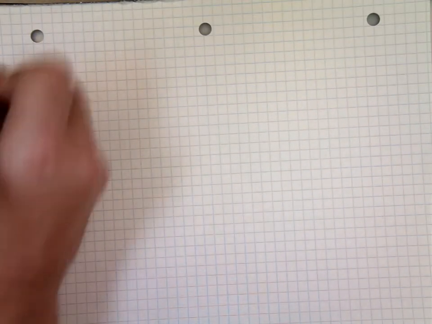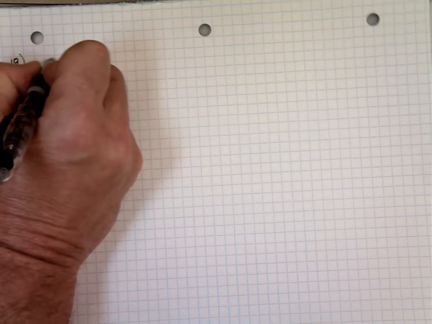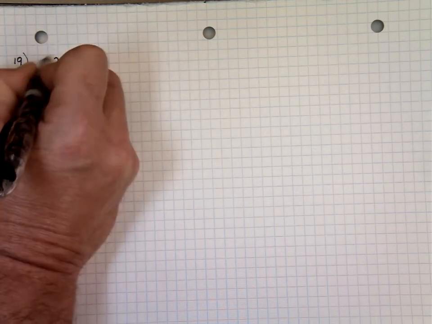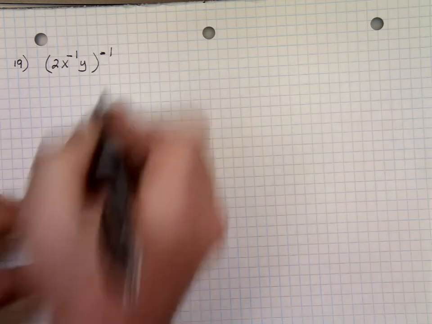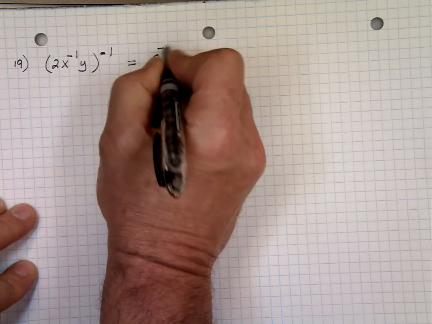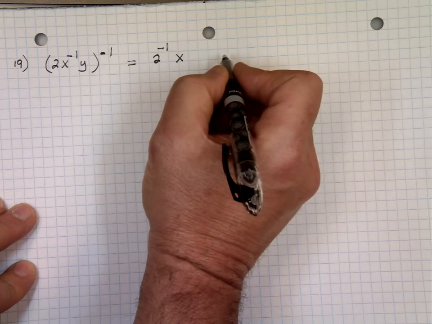Try to rush through it, do as many problems as I can. 2x to the minus 1, y, the whole thing to the minus 1. Again, power to power you multiply. 2 to the negative 1, x to what power? How about positive 1?